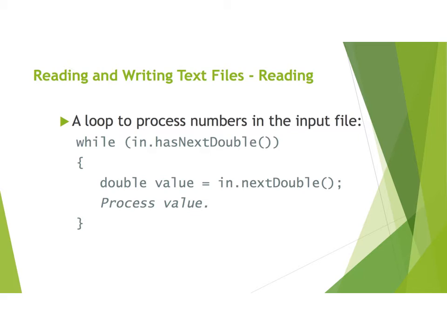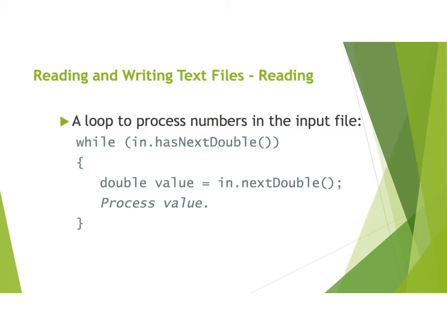So after the first assignment, you can do whatever you want to do with value. We don't want to talk about it. This is just the generalization of an example that shows how to process a bunch of numbers in the input file.